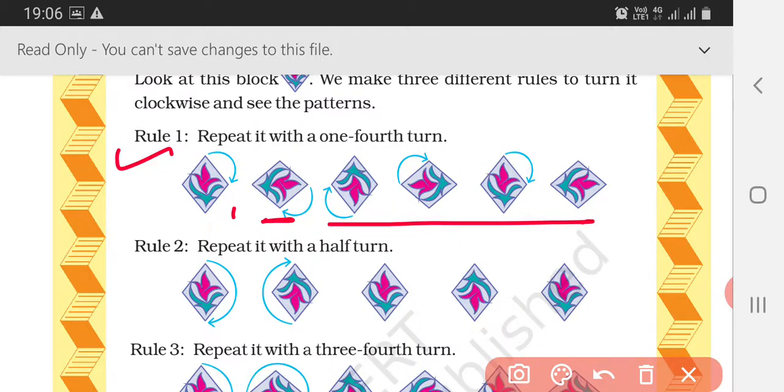In this series it is taking 1/4 turn one by one. So this flower, after completing a round, again comes to its original position.